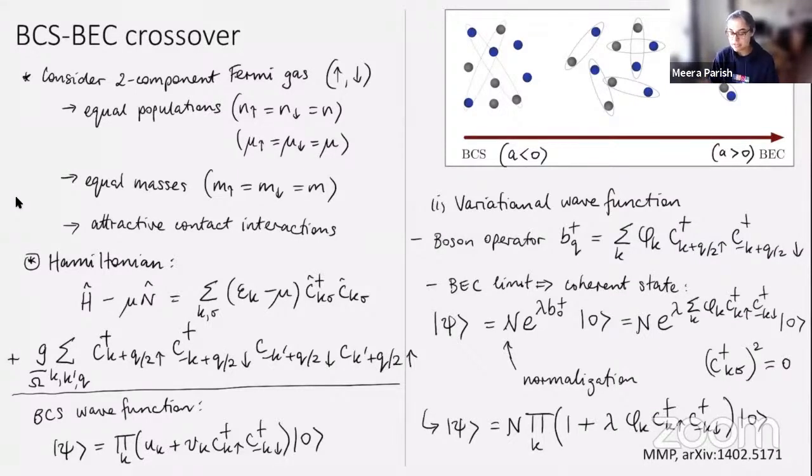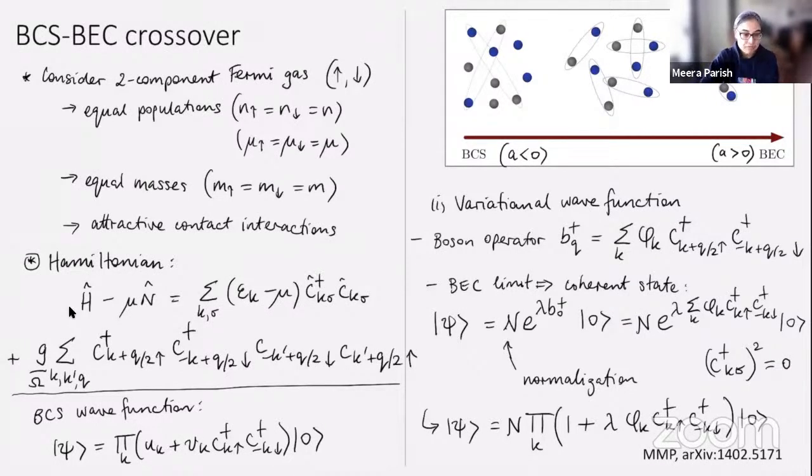Certainly there's no bound state in the two-body case, so in the vacuum limit, the zero density limit. But when you have a finite density, what you can have is pairing happening at the Fermi surface. So maybe this is something that we'll discuss more in my remaining few minutes.